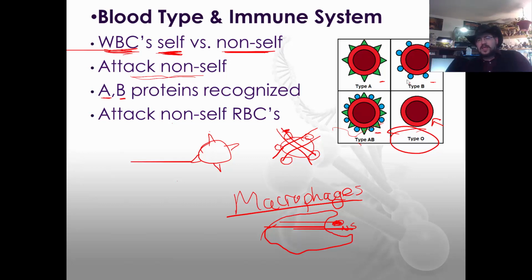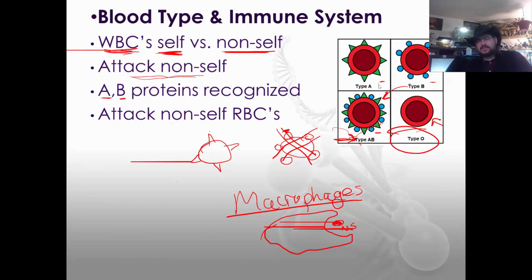Type B, they can donate to B, or they can also donate to AB, because type AB blood, this is nice, if you have type AB, you are what's called a universal acceptor. You can take blood from type B, because you have B proteins that are self.